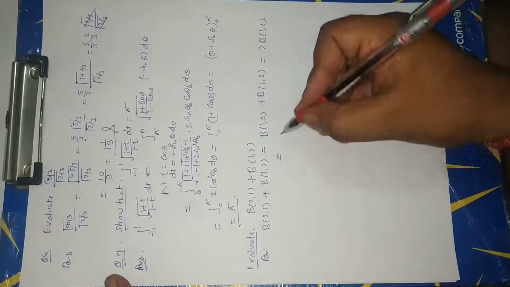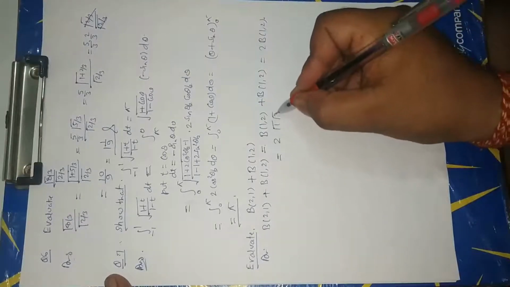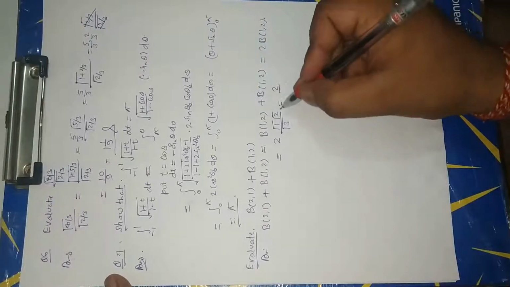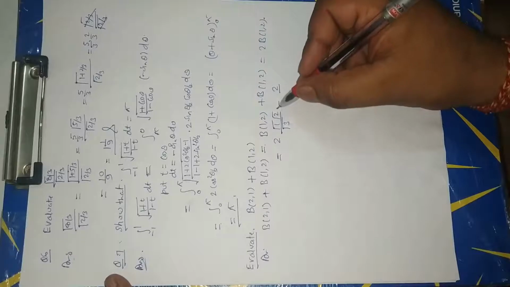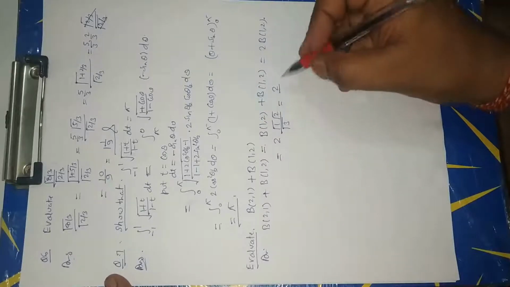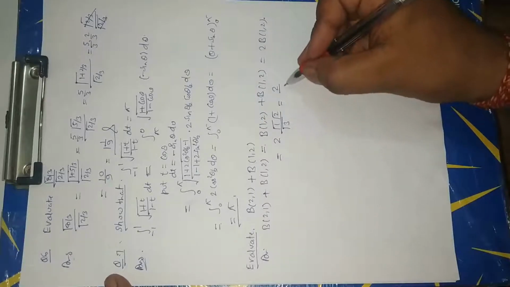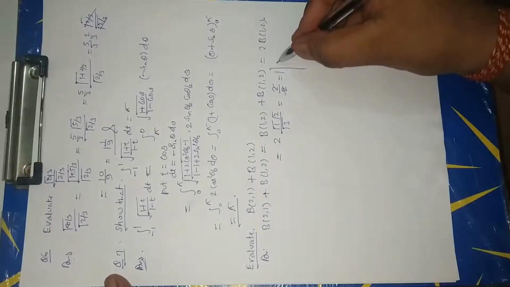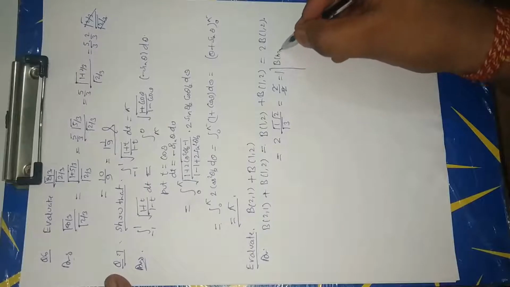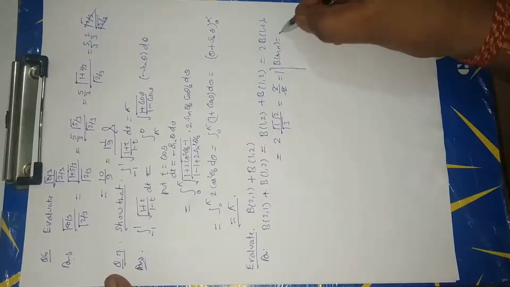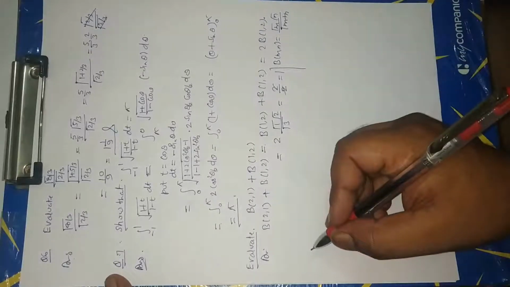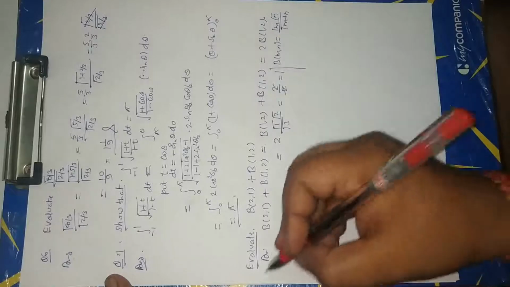This is equal to gamma 1 gamma 2 upon gamma 3. Now the value of gamma 2 is 1, the value of gamma 1 is 1, and the value of gamma 3 is 2, so the 2 cancels with this. Since we know that beta m,n is equal to gamma m gamma n upon gamma m plus n.